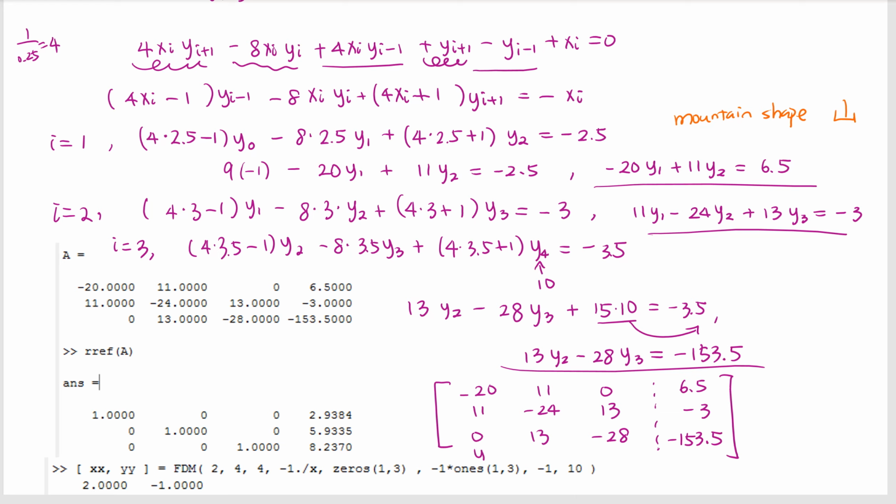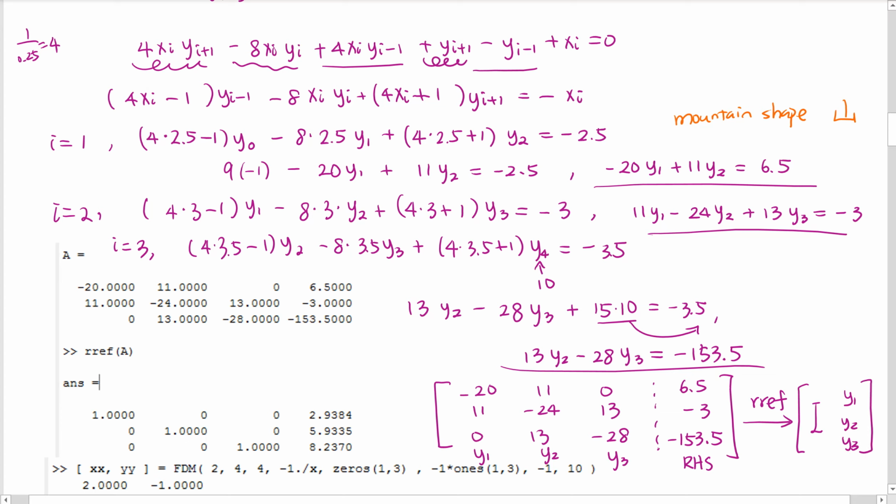So the first column corresponds to the coefficient of y1, second column corresponds to the coefficient of y2, third column corresponds to the coefficient of y3, last column is the right hand side. So for this matrix, use your graphing calculator to reduce to echelon form. Then we can get the identity matrix and the solution for y1, y2, y3.